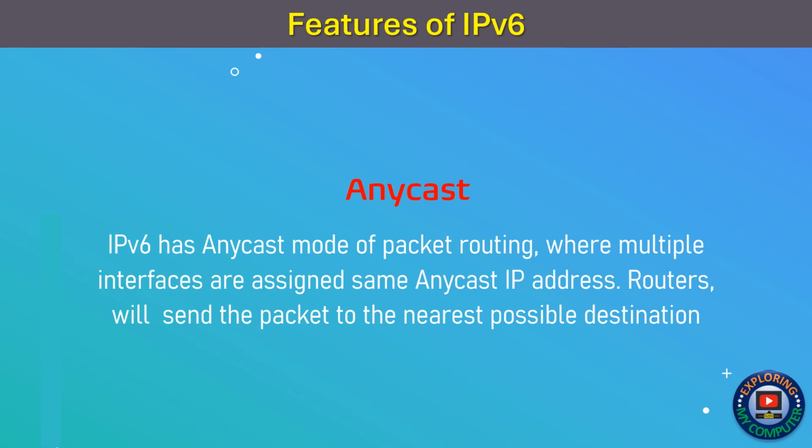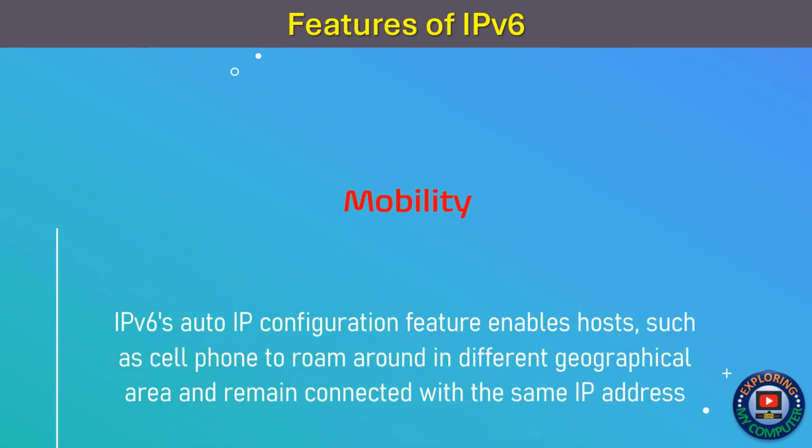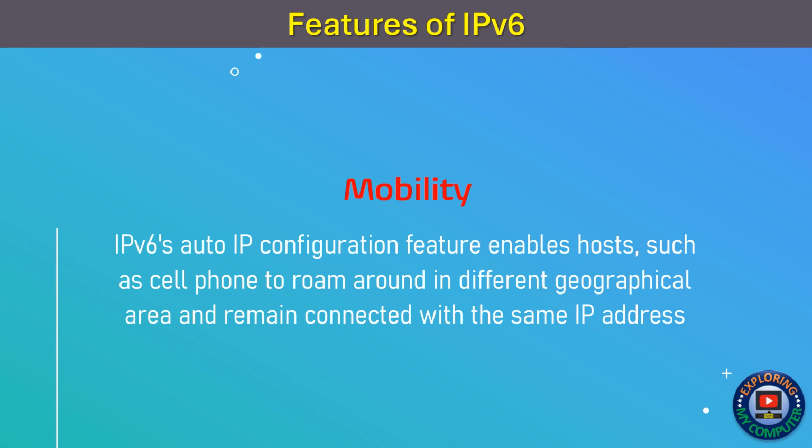Routers will send the packet to the nearest possible destination. Mobility: the IPv6 auto IP configuration feature enables hosts such as mobile phones to roam around in different geographical areas and remain connected with the same IP address.